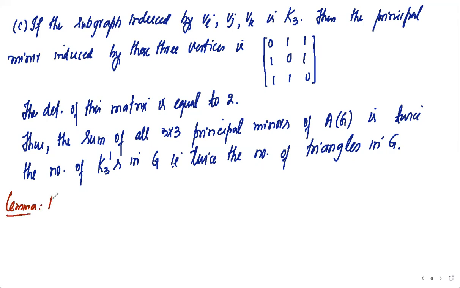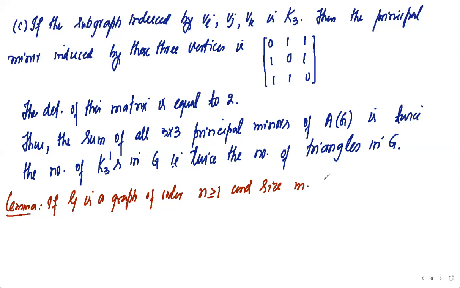If G is a graph of order n greater or equal to 1 and size m, then the first observation is the trace of the adjacency matrix is equal to 0.